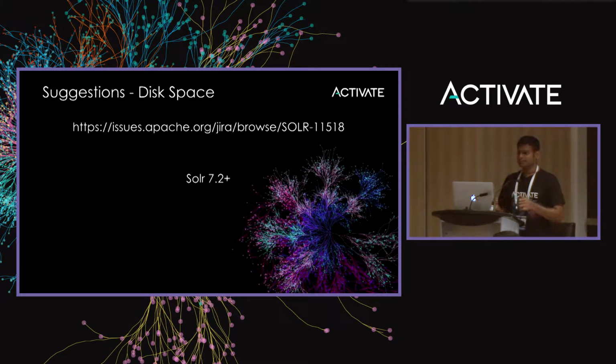So let's see the first suggestion you want to get. I want to get a suggestion if my disk space rule is violated. That's something we added in Solr 7.2. So if you hit the suggestion endpoint and if that's something that has gone over, we will start recommending those as suggestions. Now what does a suggestion give you? It not only will tell you, hey, you know what, disk space has been violated, and that is it.